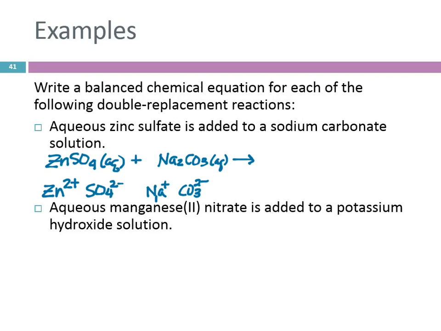So we're going to try sodium with sulfate and zinc with carbonate and see how they get along. So over here, I'm going to rewrite them in a new pairing. So here's zinc, and we'll see how zinc gets along with the other ion, with carbonate. And then we've got sodium and sulfate.